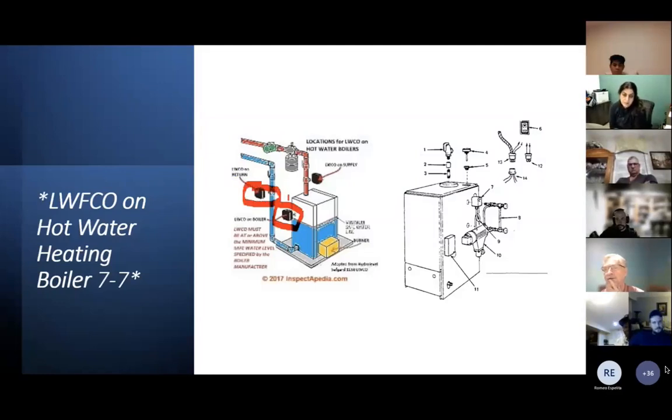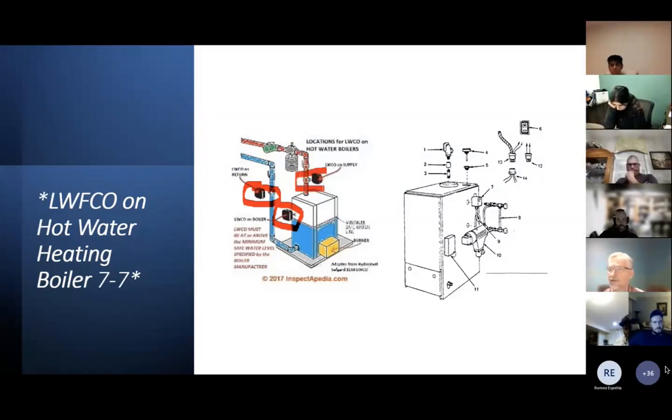Anytime water level in hot water heating boilers specifically goes below 100%, you need to shut it down. These systems need to be 100% full of water all the time.